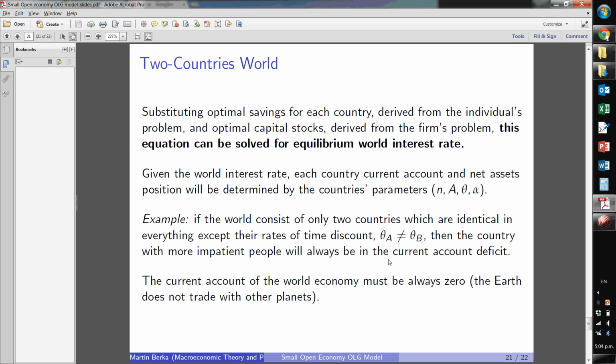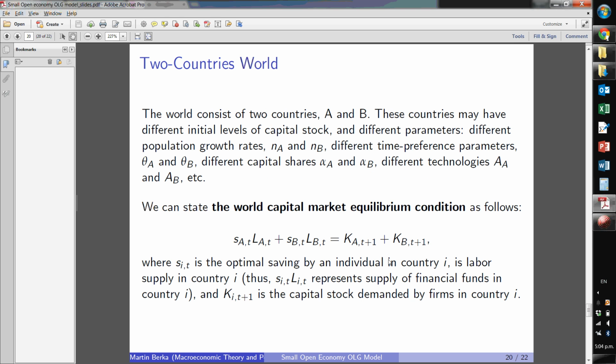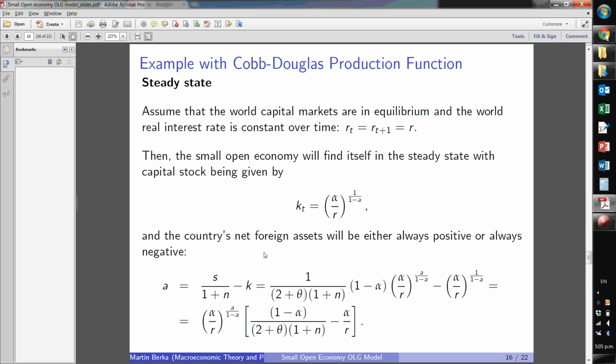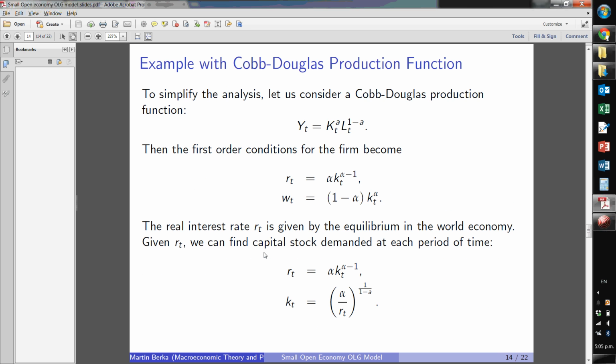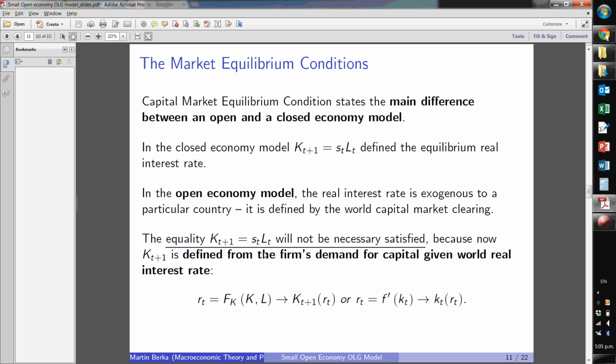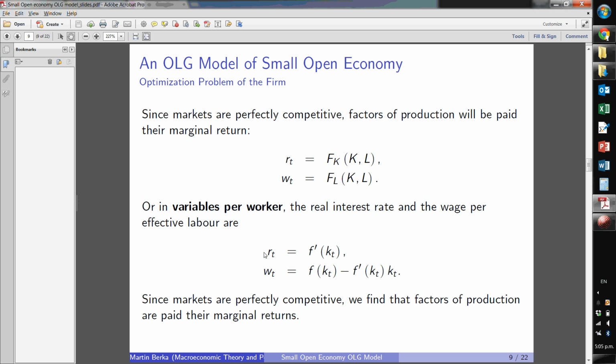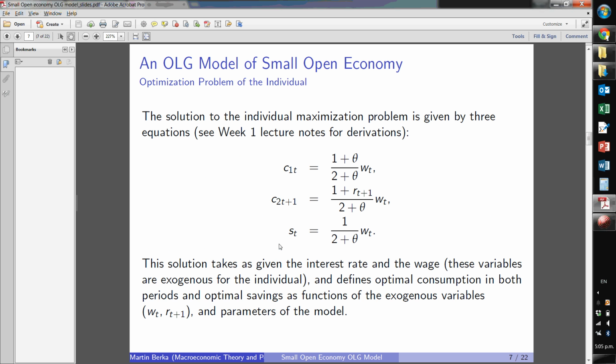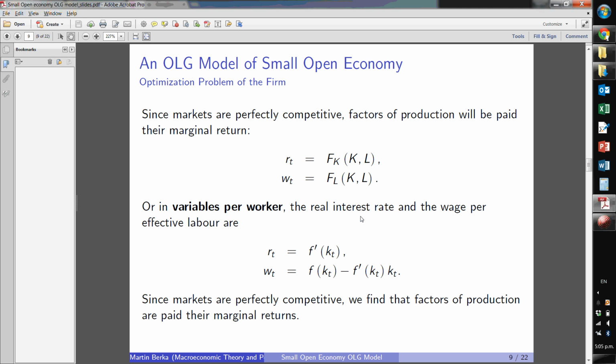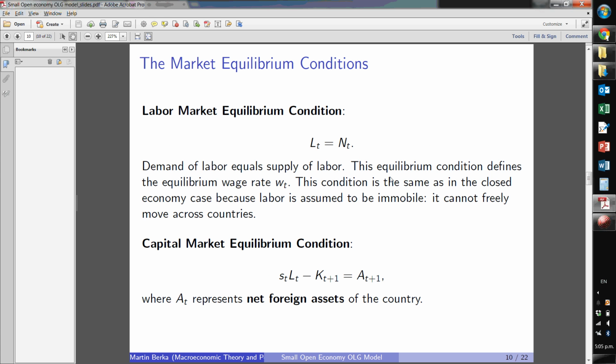And there's only one unknown in this equation. If I went back a few slides, savings is a function of wages, and wages themselves are functions of the interest rate, and capital stock per worker is a function of the interest rate.